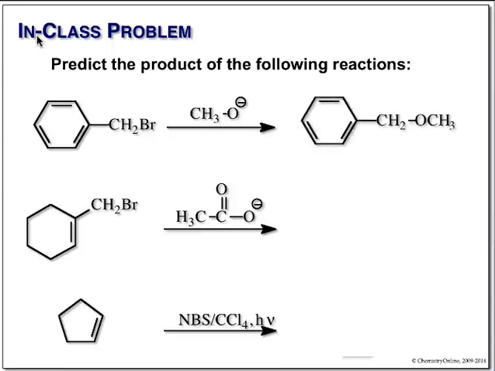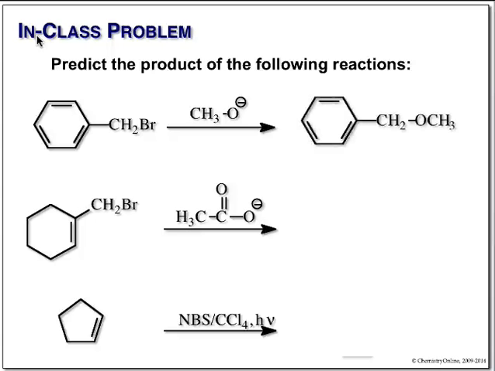Here I've just taken a different nucleophile, still an oxyanion. All that's going to happen is the oxyanion is going to attack, bromine is going to leave. This is also a good reaction. Why is this almost as good as the benzyl? We have a special name for this type of carbon, don't we?